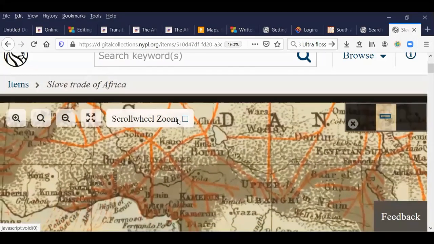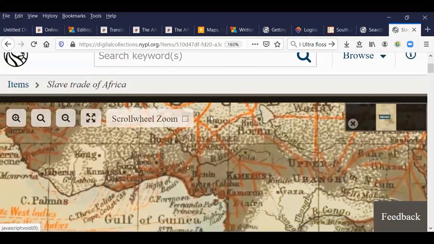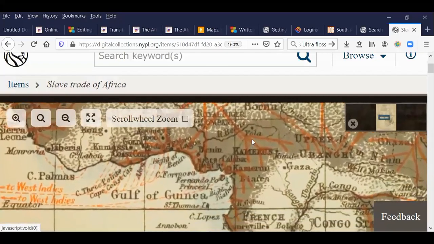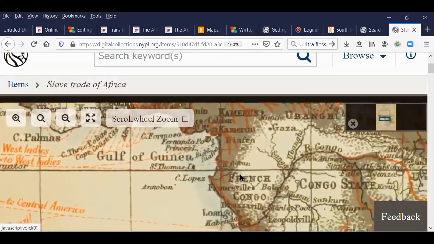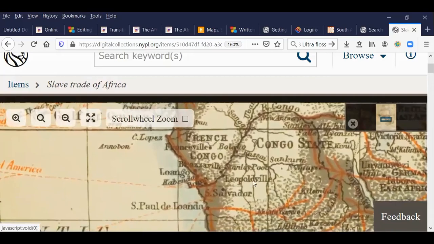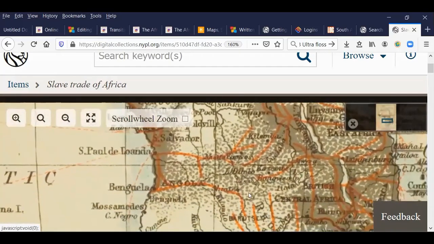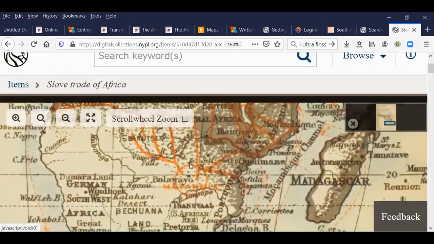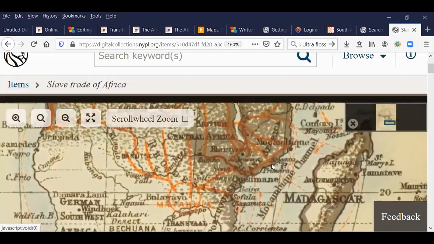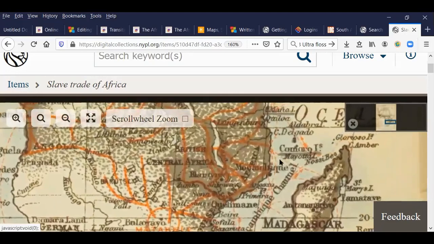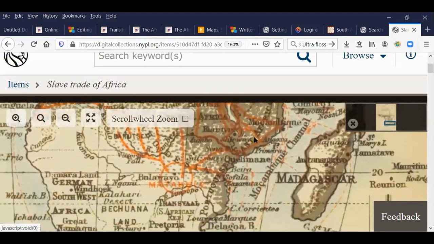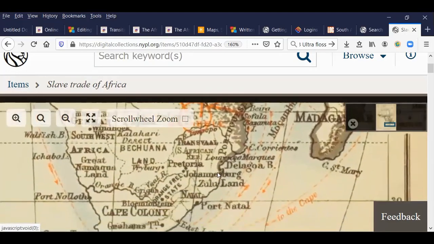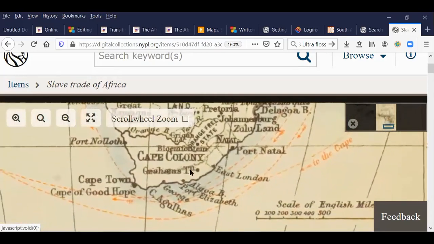Now, whether or not these are accurate is something you need to undertake as a question of research. That's the important part of researching these initial documents. These aren't in themselves truth. They're representations of what people on the coast or certain colonial officers or certain merchants thought was going on.